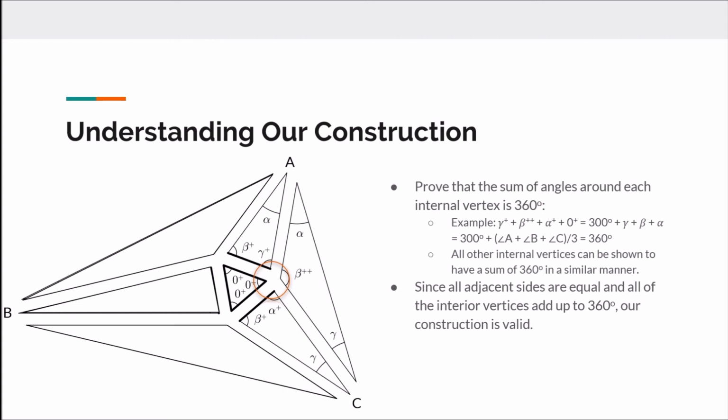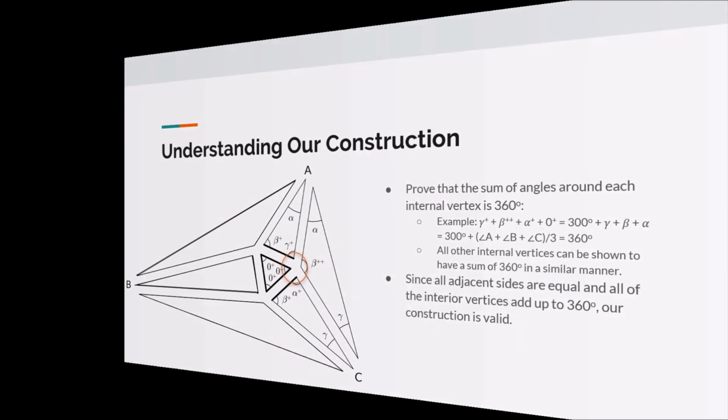Then we would add gamma, beta, and alpha, which is equal to angle A plus angle B plus angle C divided by 3, which is 60 degrees. This gives us a total of 360 degrees. Similarly, all other internal vertices can be shown to have a sum of 360 degrees. Thus, our construction is valid.